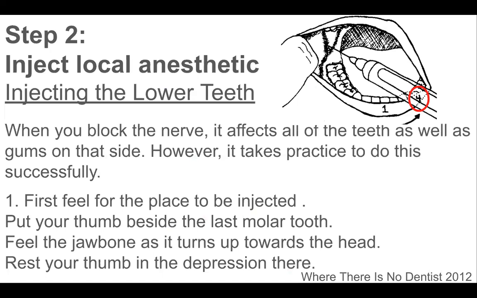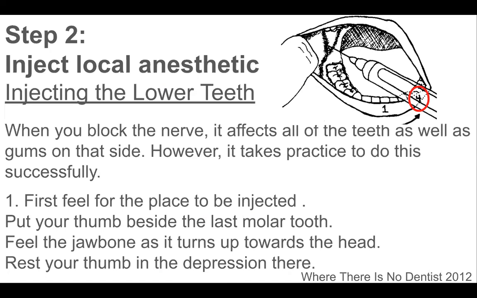First, it's better to feel for the place to be injected. Put your thumb beside the last molar tooth and feel the jawbone as it turns upward to the head. There's a depression near the last molar that you can feel with your thumb.